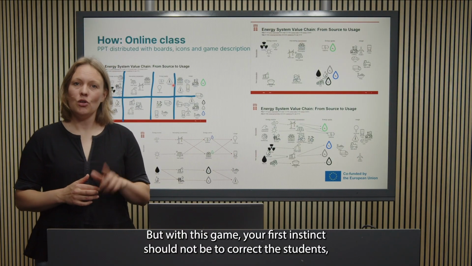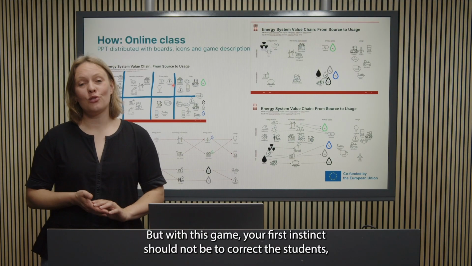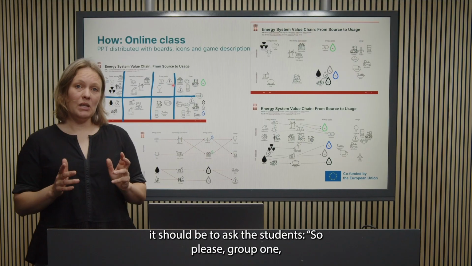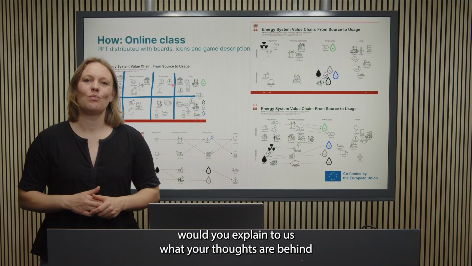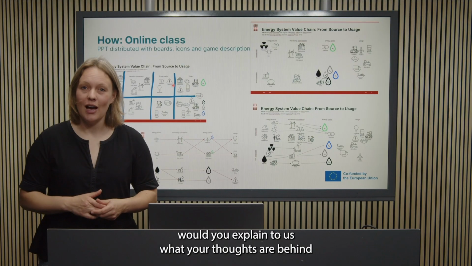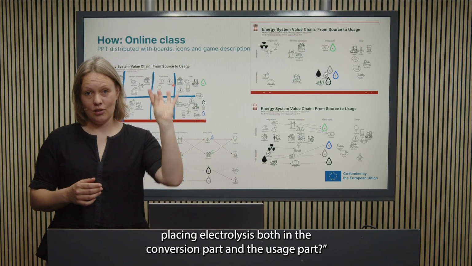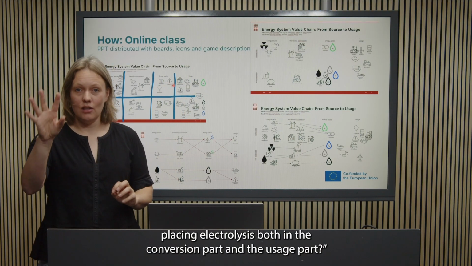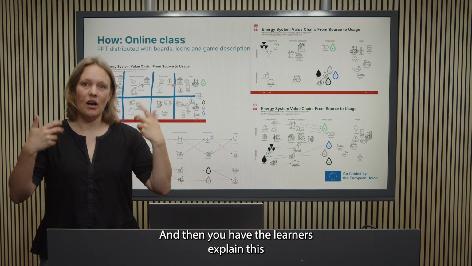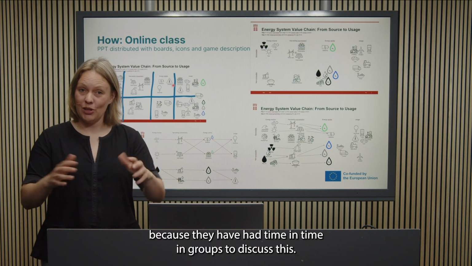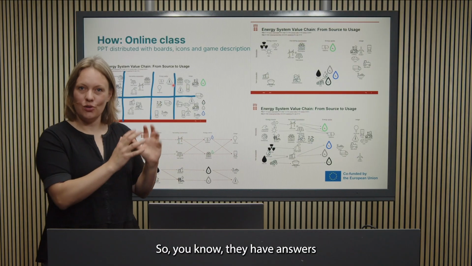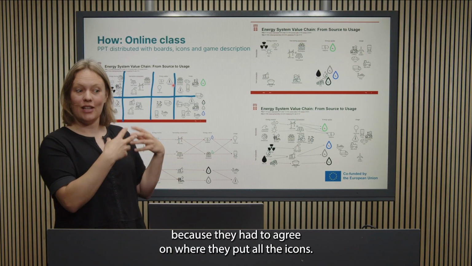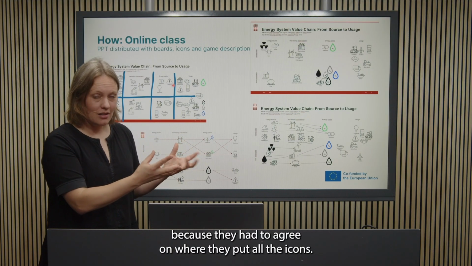But with this game, your first instinct should not be to correct the students. It should be to ask the students, so please, group 1, would you explain to us what your thoughts are behind placing electrolysis both in the conversion part and the usage part? And then you have the learners explain this because they have had time in groups to discuss this, so you know they have answers because they had to agree on where they put all the icons.